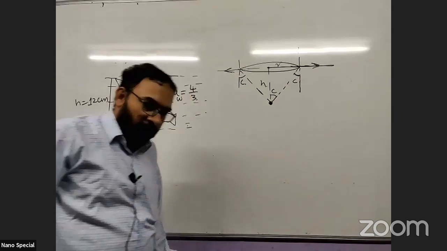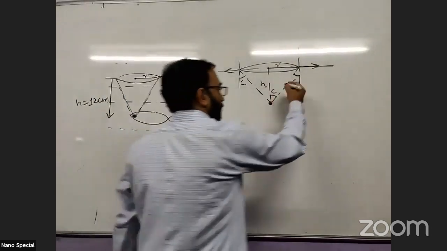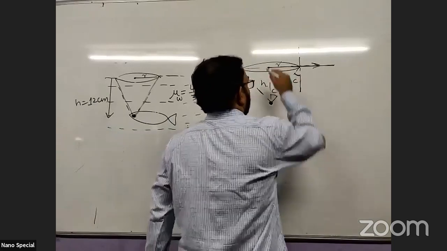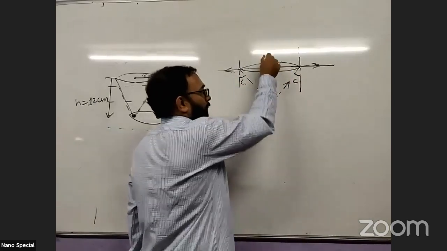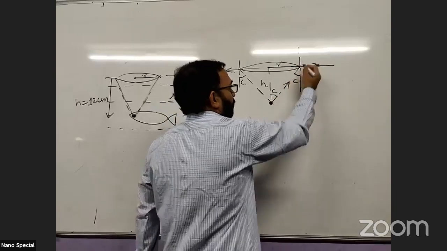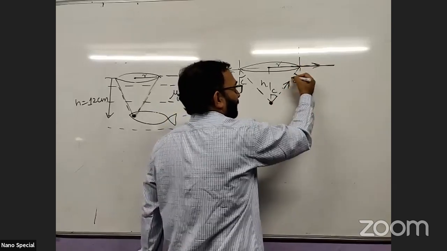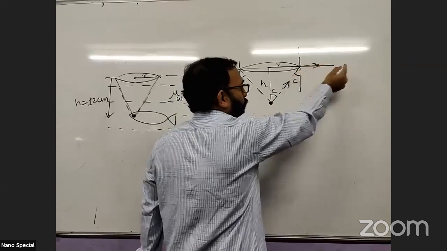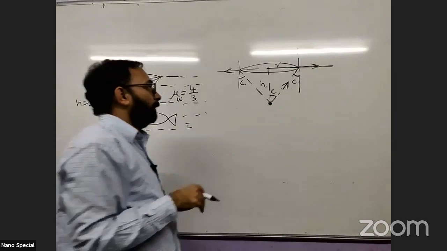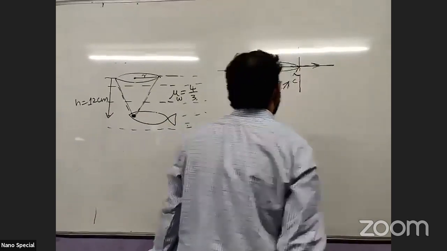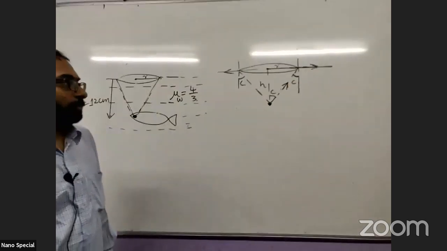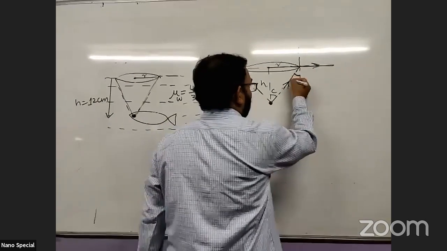Why do we take the critical angle? The reason is the light ray which falls on the eye of the fish and reflects back, and the reflected ray from the eye of the fish, as it hits the water surface, should undergo a grazing refraction, and it should graze out along the surface of separation, which is possible only at the critical angle.